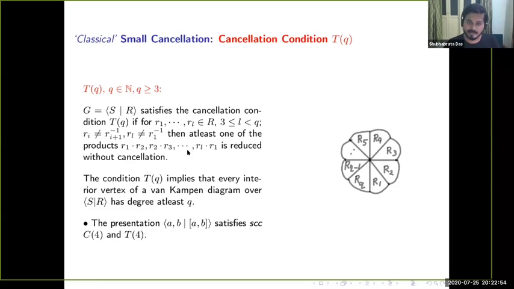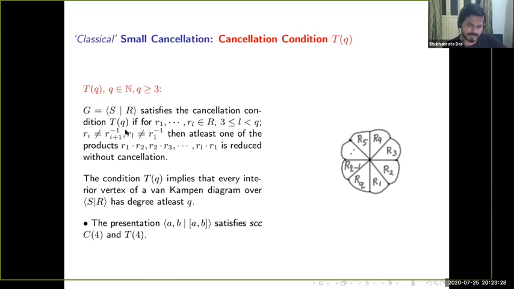So if you take a bouquet like this of relators, and you have less than Q of them at a point, then at least one such product of consecutive ones is reduced without any cancellation. You can just think of removing this one, and then these two, whose product you will get cancellation.